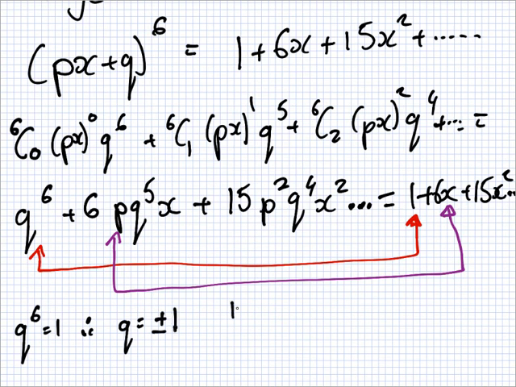So we have 15 p squared q^4 has to equal 6. Now this q^4 is 1, so that's gone. Oh sorry, I wrote the wrong thing down, apologies. I meant to write down 6pq^5 should equal 6. I'm looking at this one now and this one.